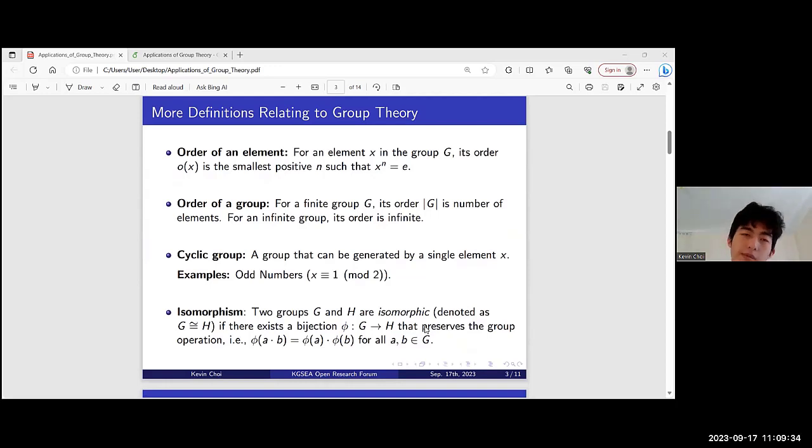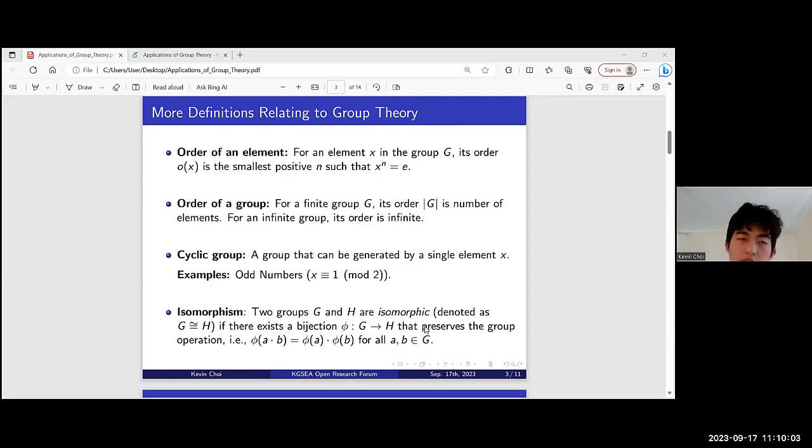First of all, the order of an element. I'm not too sure how many of you have learned number theory to a further extent, but the order of an element is the smallest positive n such that x to the power of n equals the identity. One example is phi of n in Euler's formula.